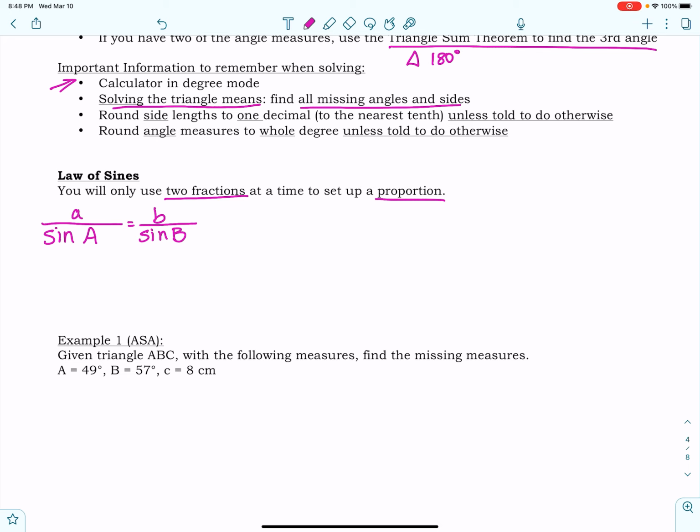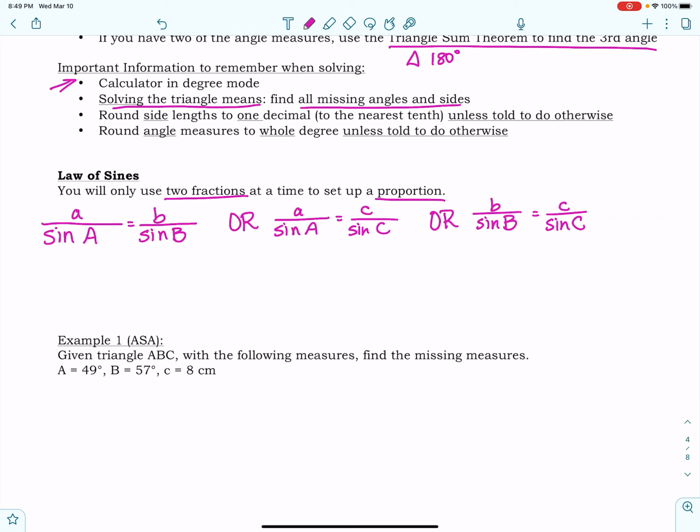You can set it up that way depending on the pieces of the triangle you have, or you might want to set it up as side a over sine of angle A equals side c over sine of angle C. Or another option, you might have side b and sine of angle B and side c and sine of angle C. It just depends on what pieces of the triangle you have.